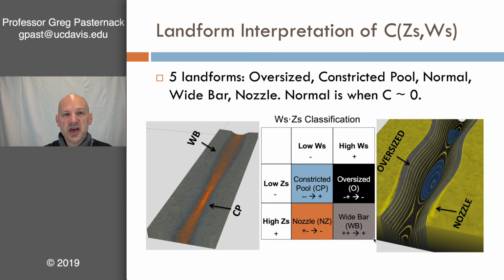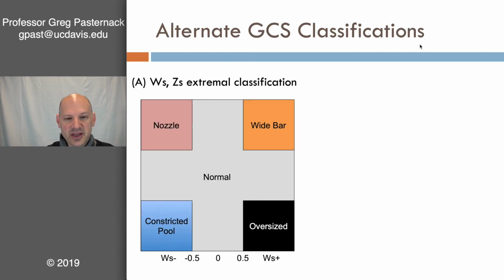In other words, the product of bed elevation and width is diagnostic of whether you're alternating between wide bar and constricted pool or nozzle and oversized in your sequences. So you could have riffle pool, riffle pool, riffle pool, but whether they're wide bar constricted pool variety or oversized nozzle is entirely dictated by this covariance.